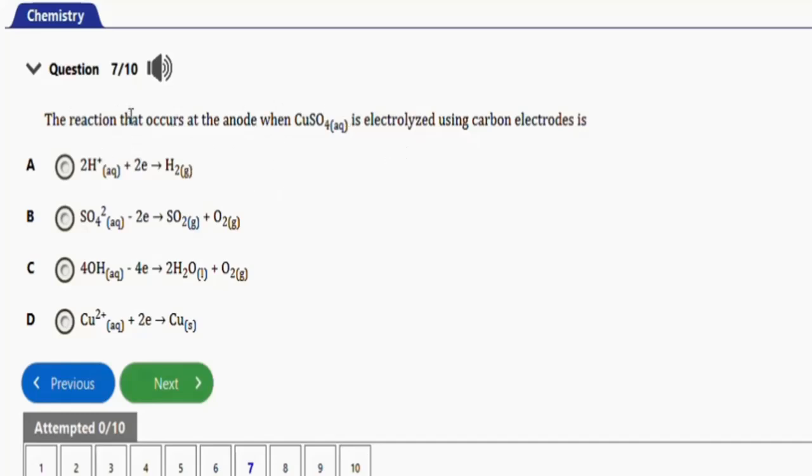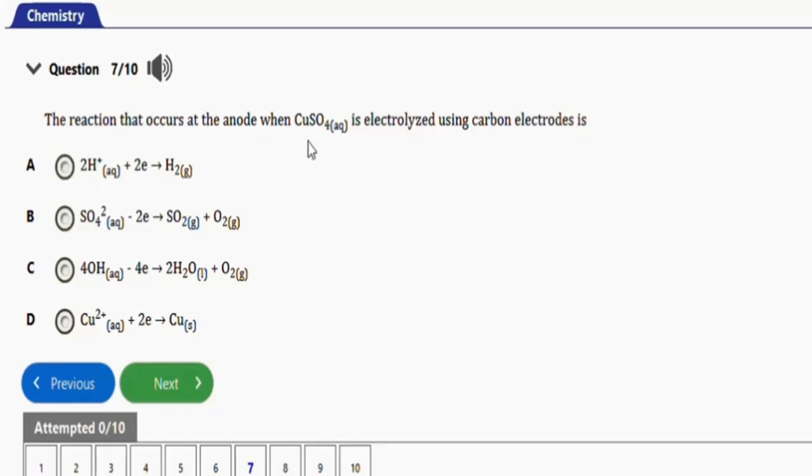Okay, so the reaction that will basically occur at the anode, and when it is using carbon electrodes, will be this option we have here, option C. Hydroxyl ions lose 4 electrons to form water and oxygen gas. Okay, so that's the reaction that will occur. The right option is option C.